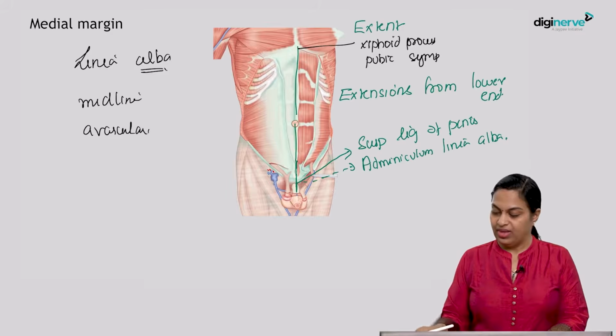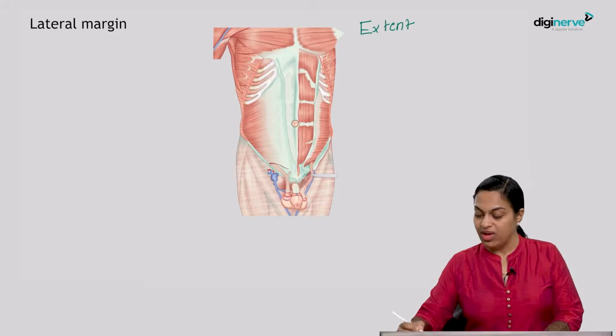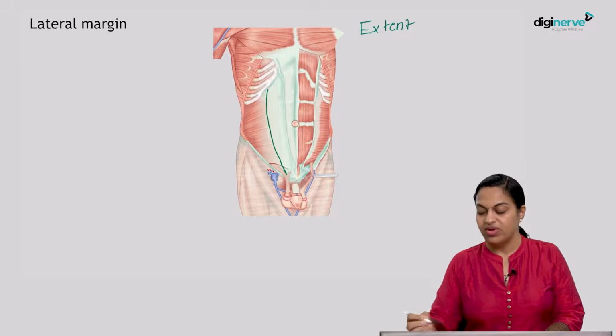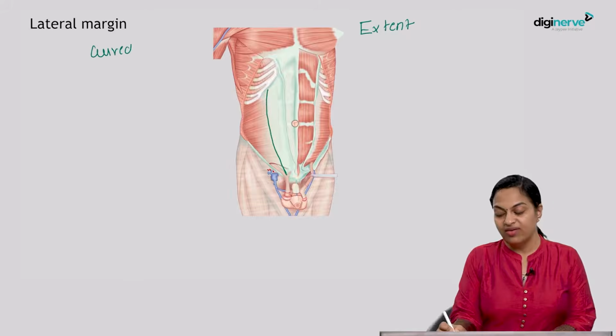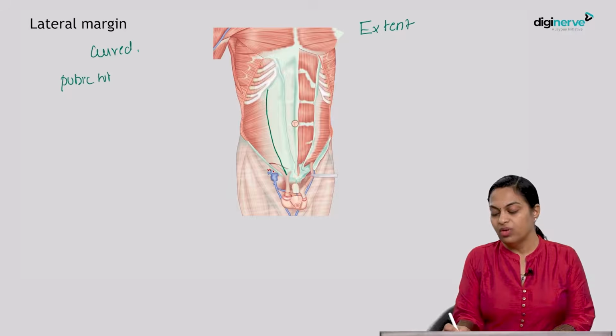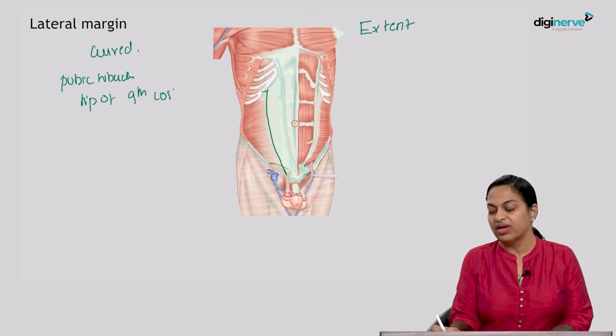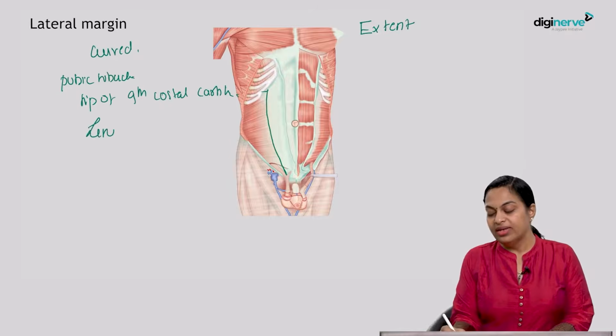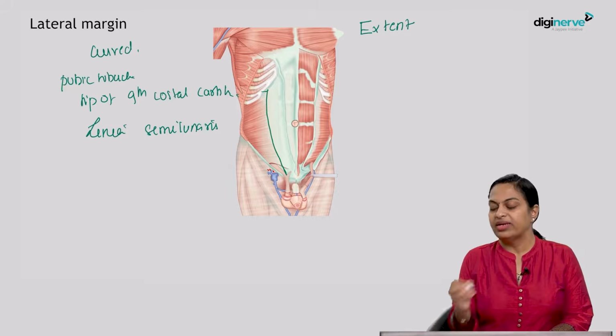Okay. Coming to the lateral margin of the rectus abdominis, it is curved. It extends all the way from the pubic tubercle below to the tip of the 9th costal cartilage. And this is called the linea semilunaris, a very important landmark.